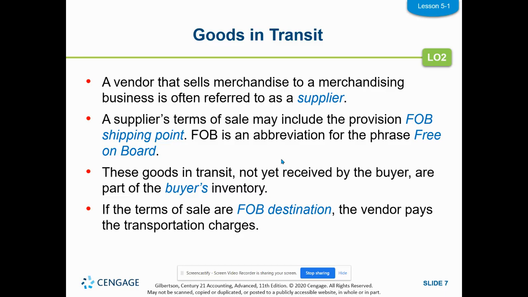If you just have regular Amazon, you have to pay for shipping. There are two different types of shipping when we call it FOB, which means free on board: we have FOB shipping point and we have FOB destination.